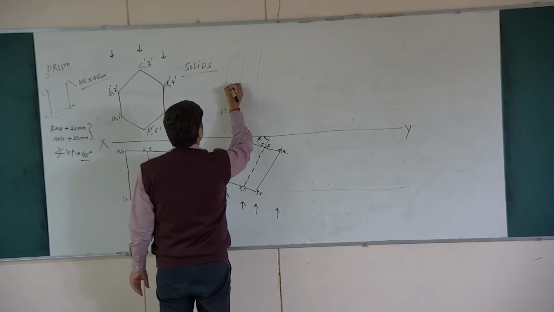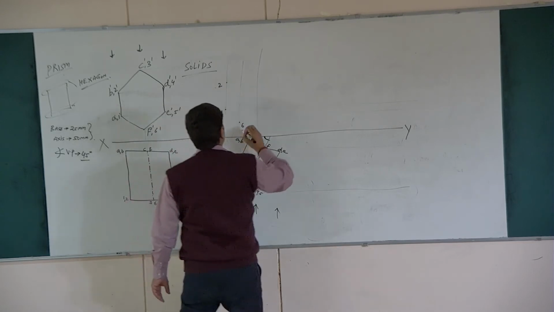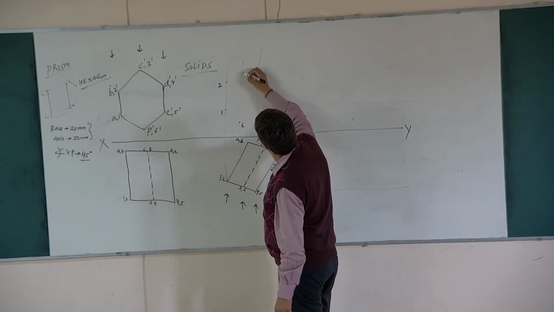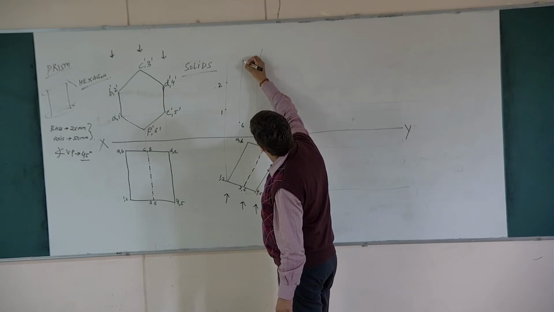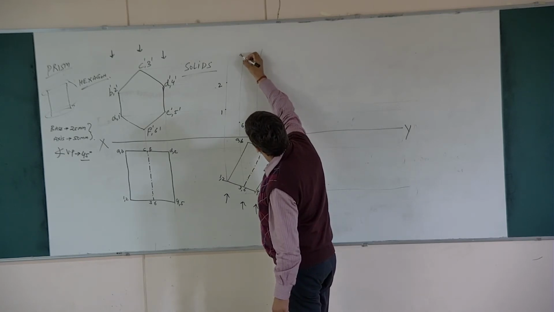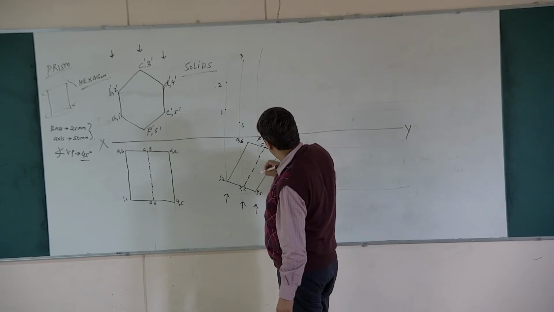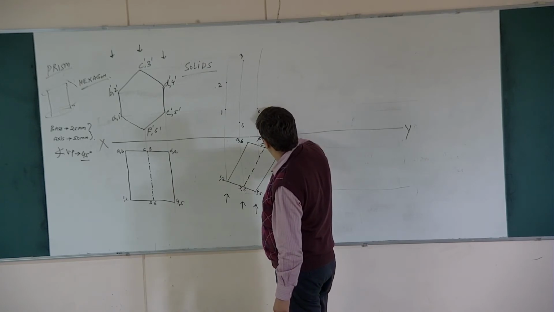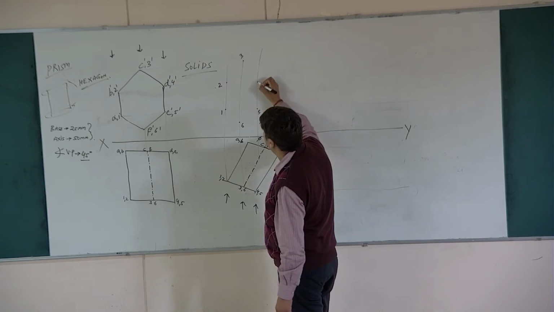So this is your 2. 6, 3. So this point will be 3. 4 and 5. Is it 6? 6, 5. So this is your 5 and 4.